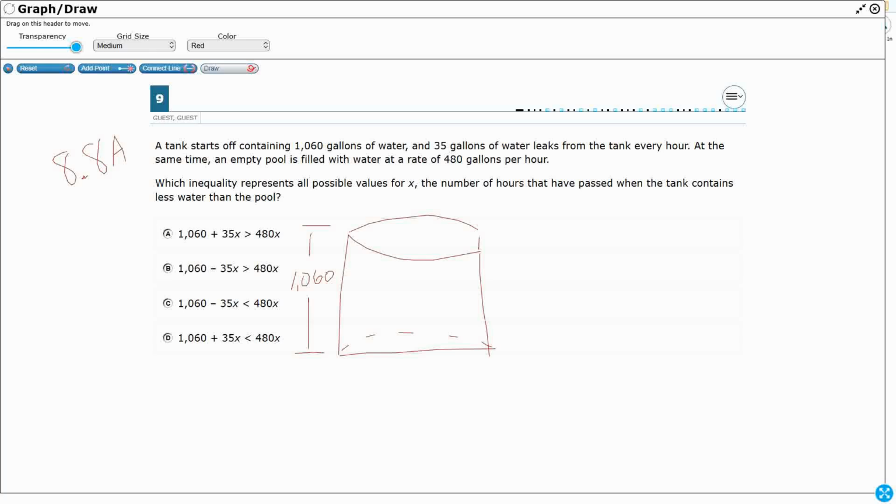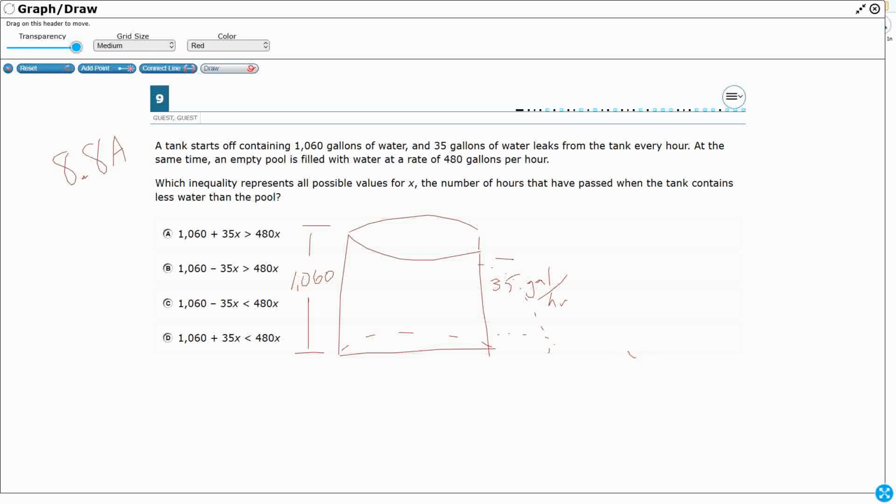So I'm just going to draw this little leak right up here, and we'll say 35 gallons per hour. Of course, if it's leaking from up top, eventually the water level will go below that. So the leak might have to be down from there, but that's fine. You get the idea. So we're subtracting 35 gallons an hour. At the same time, an empty pool.